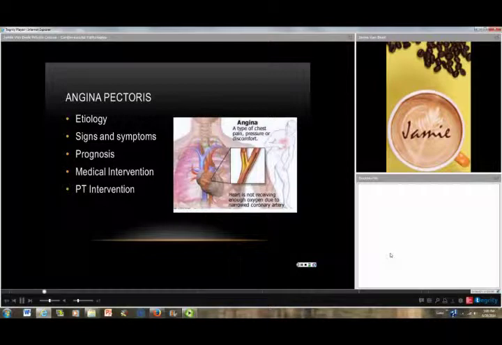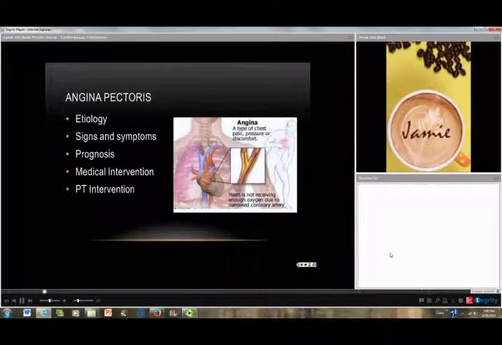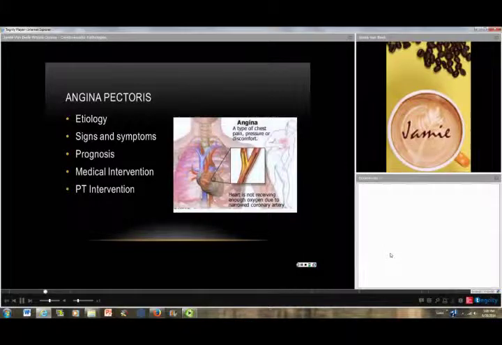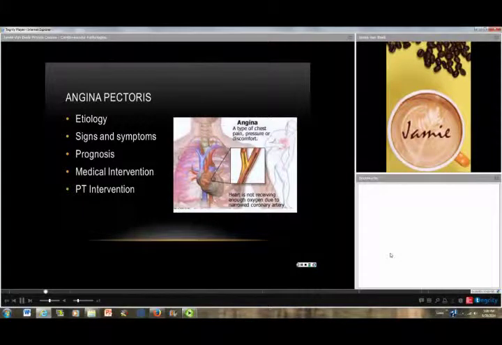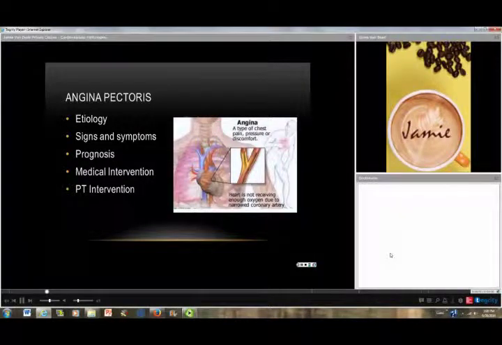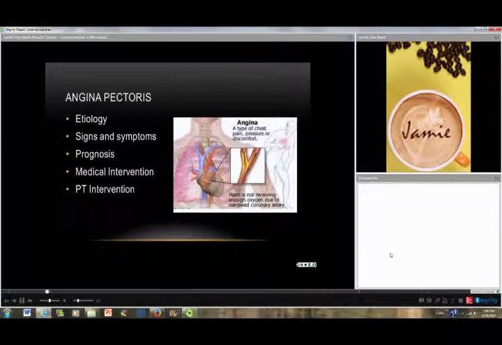The patch is slow acting, versus the tablet. If patients feel an angina attack coming on, if they feel pain or discomfort in the chest, they can take a tablet and put it underneath their tongue. Now remember, as a PT or a PTA, you're not allowed to administer medications.